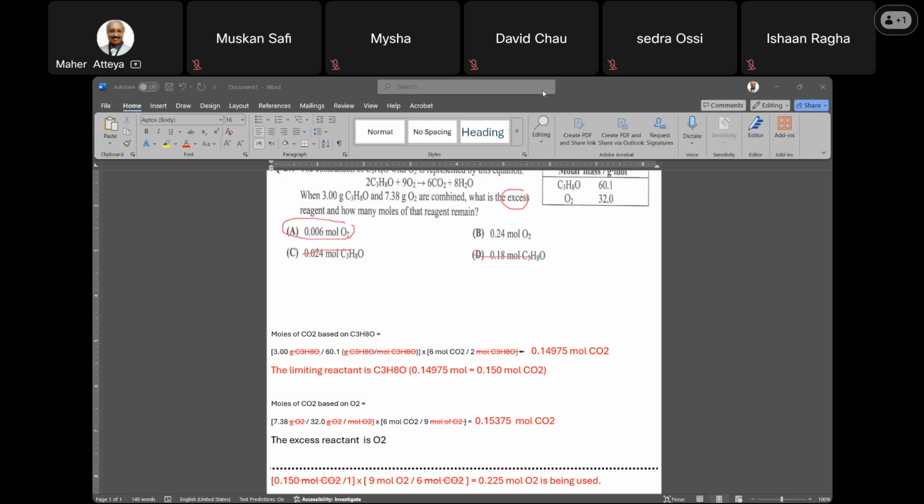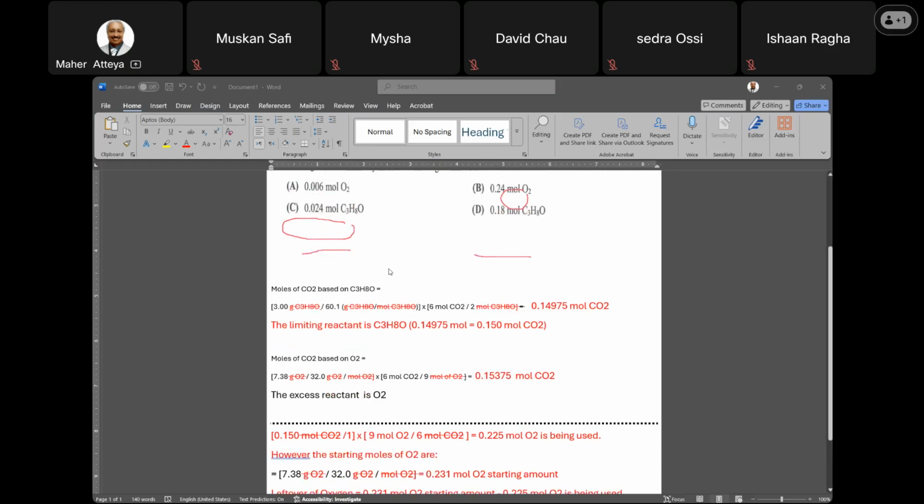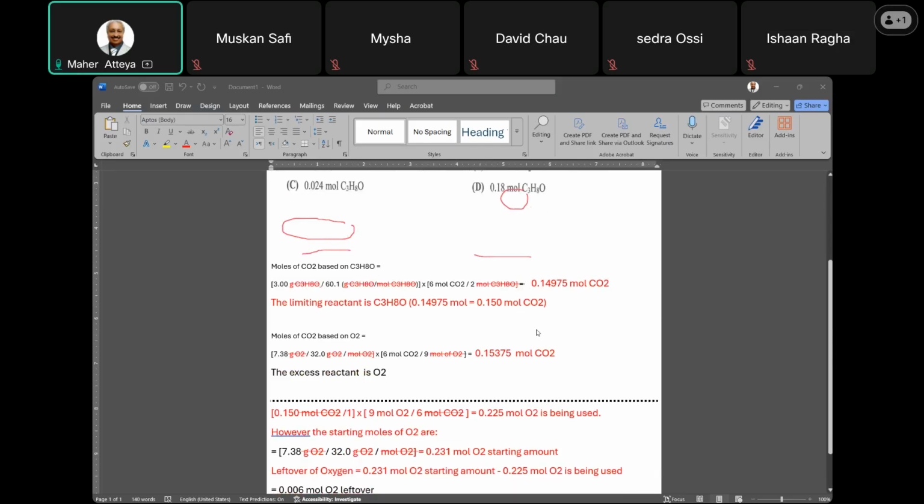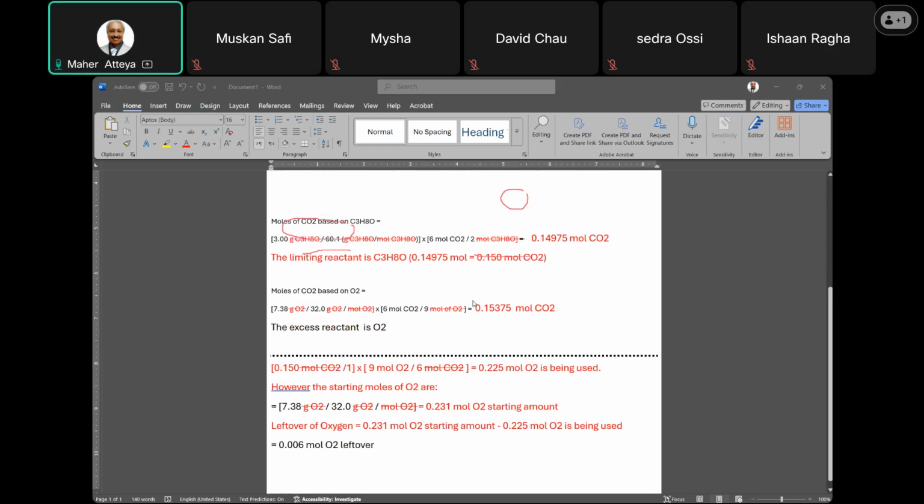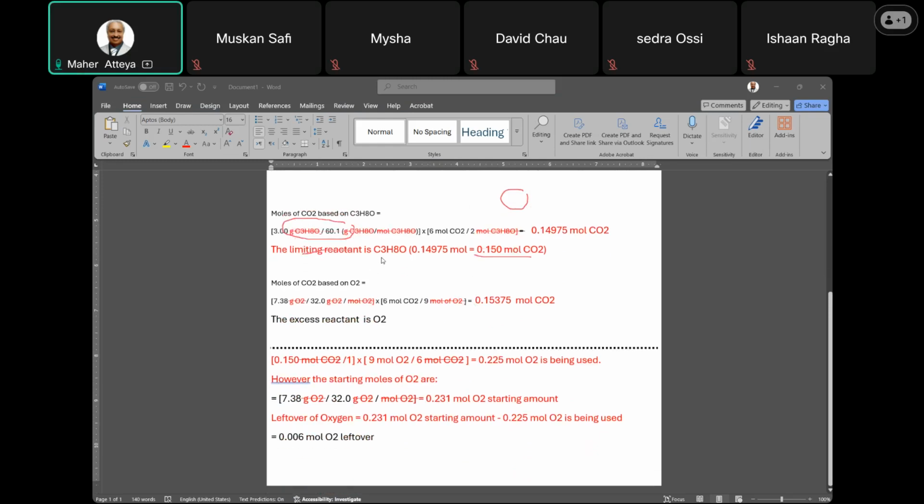So I'll stop here so you can look into this again. What we did, we transferred the number of moles based on the product CO2, and we calculated the number of moles for each one of these reactants. We decided the limiting reactant is organic, the oxygen is excess, and we calculated how much excess came out to be: 0.06 mole left over of oxygen.